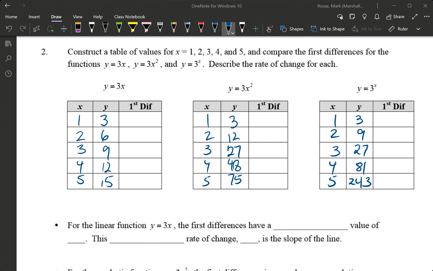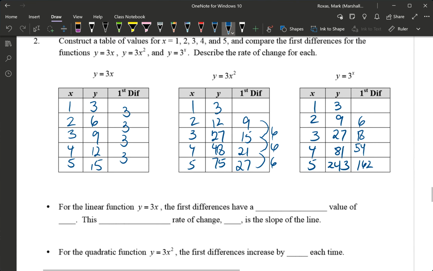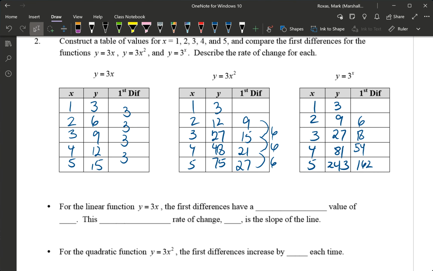Okay, so hopefully you've had a chance to fill in those values. Here are the values for 3x, 3x squared, and 3 to the power of x. I want you to take a few moments to do the first differences. Pause the video now. Okay, hopefully you got a chance to do this.